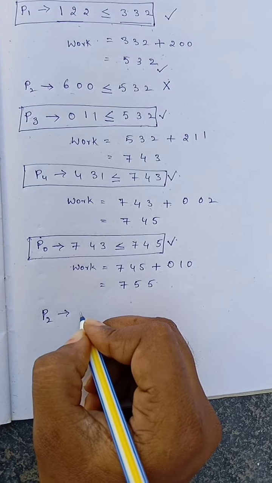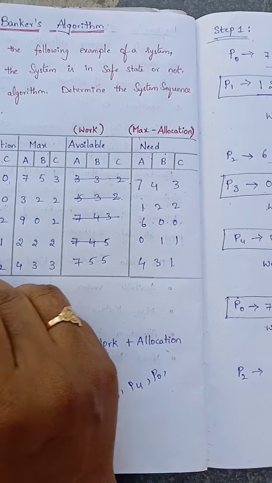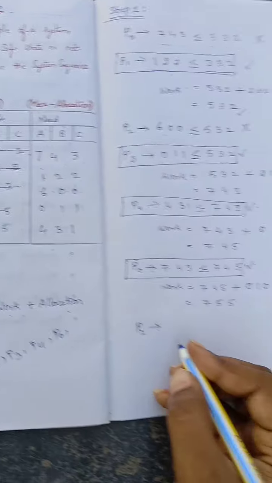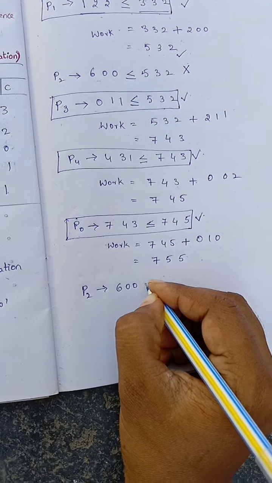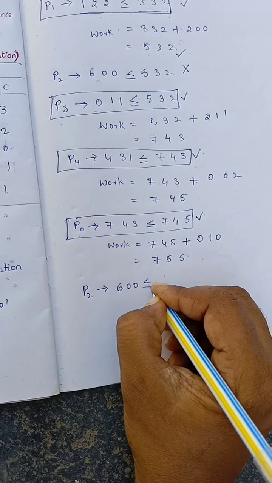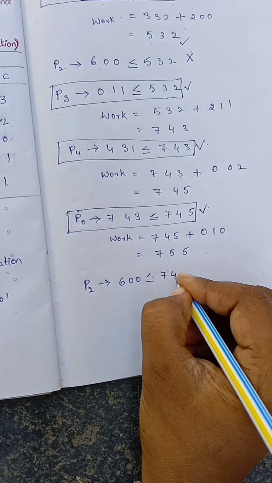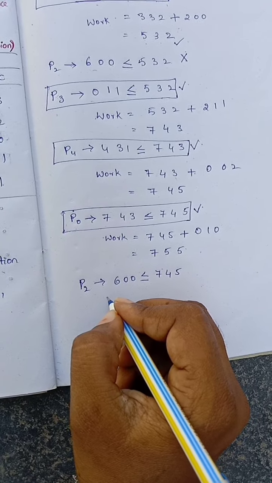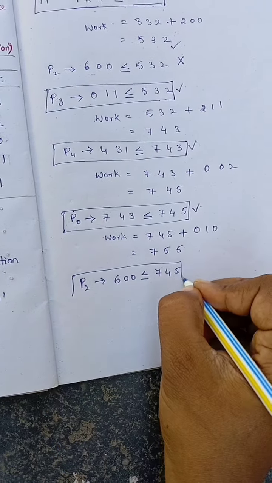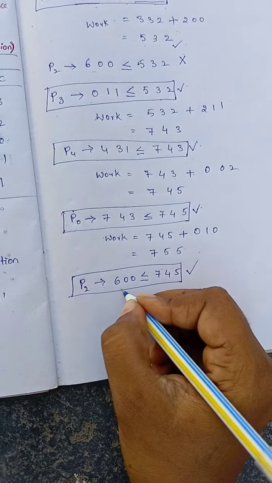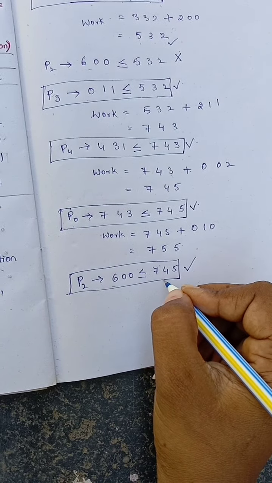The need of P2 is 6, 0, 0. Let us check whether it is less than or equal to the work 7, 5, 5. So now the condition is true: 6, 0, 0 is less than or equal to 7, 5, 5.